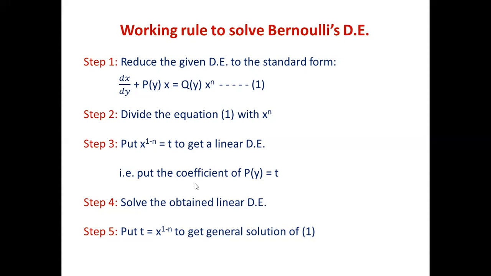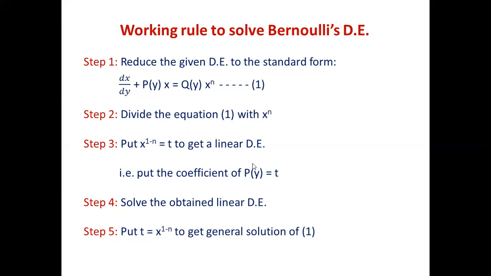Once it is a linear equation, you know the procedure to solve it. Solve the obtained linear differential equation, and in the general solution of the linear differential equation, you replace t by x power 1 minus n to get the general solution of the Bernoulli's differential equation in x.